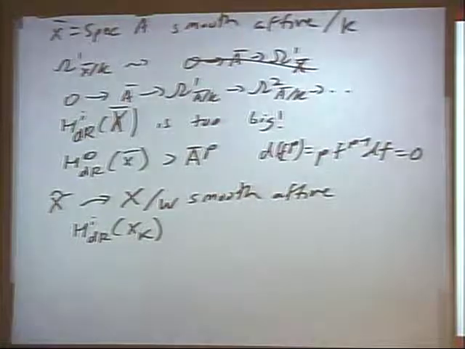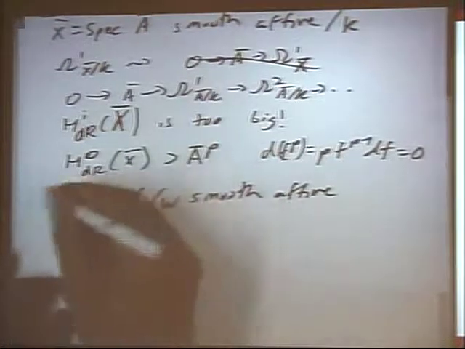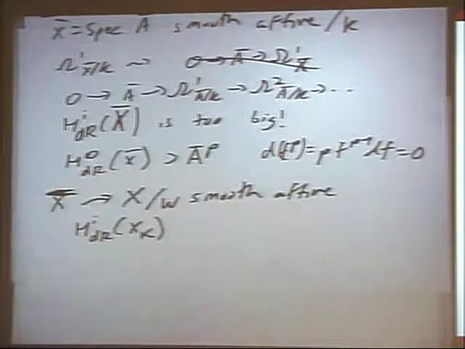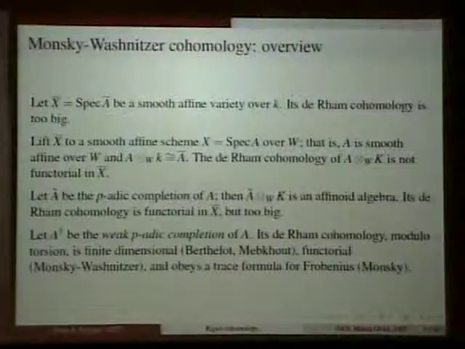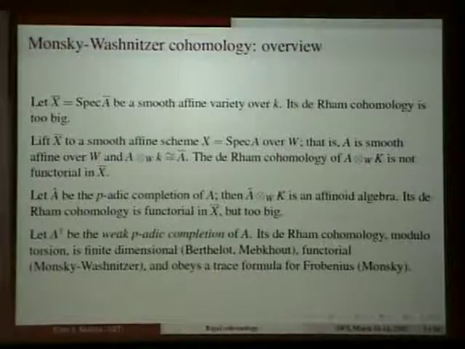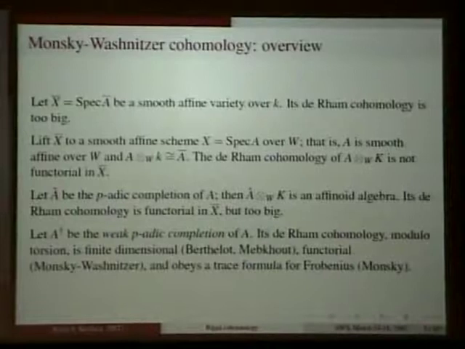So that has something to do with the original variety, but not a lot. This is in no real sense functorial in x bar. If you have maps between things in characteristic 0, that will very often not lift if you choose your affines badly. And if they do lift, they might lift in many ways. And you don't get a well-defined action on de Rham cohomology.